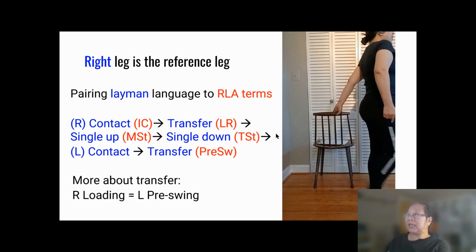So now we combine the layman's language with the Rancho Los Amigos terms. Layman's language, I put in blue. Rancho Los Amigos, I put in red. We are still using the right side as the reference leg.